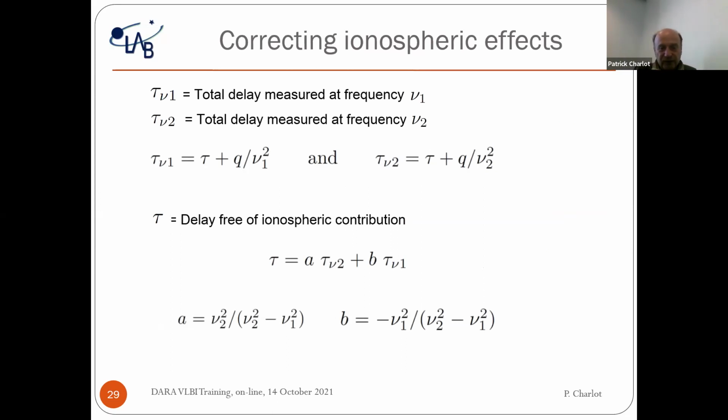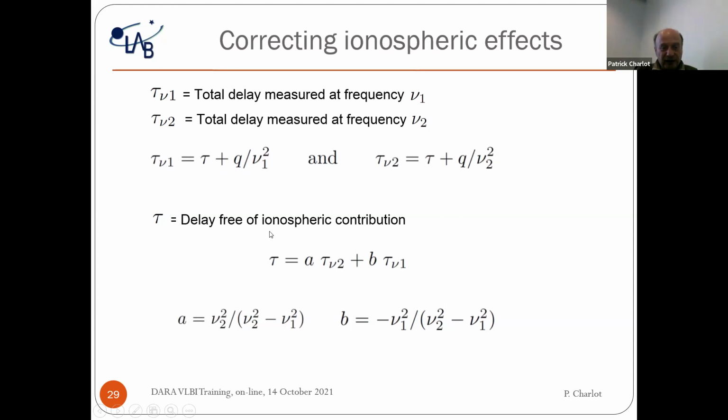And this is what is explained on this slide. Your delay includes some ionospheric effect, which is, as I said, proportional to the inverse of the square frequencies. So this is the delay measured at one frequency and the delay measured at the other frequency.